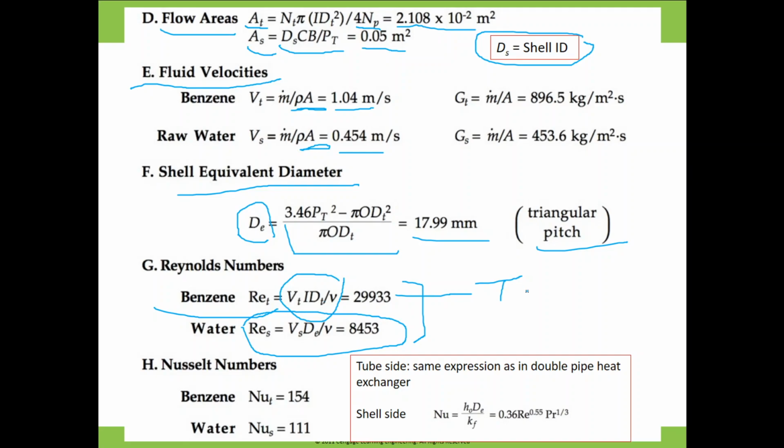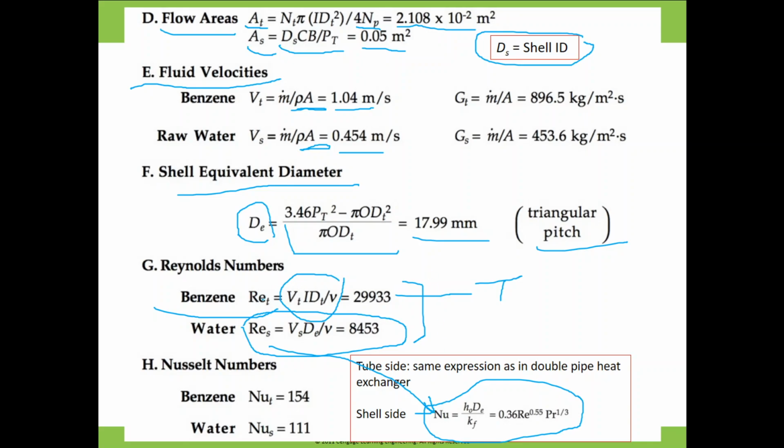Remember here that for the tube side, the Nusselt number calculation is exactly the same as in the case of double pipe heat exchanger. We use the same expression as in chapter 8 for the tube side, whereas for the shell side the correlation was given in this chapter, and this is the correlation for the Nusselt number for shell side: Nu equals 0.36 Re to the power 0.55 and Prandtl number to the power 1/3.